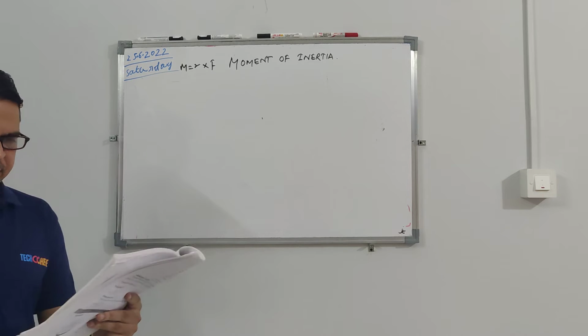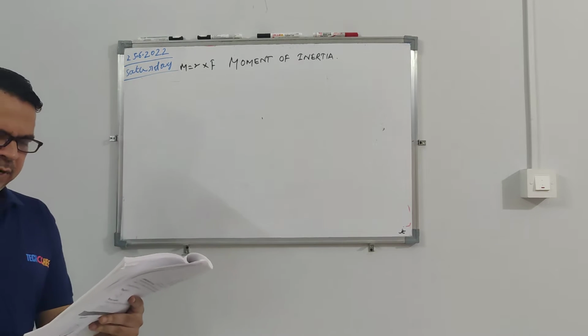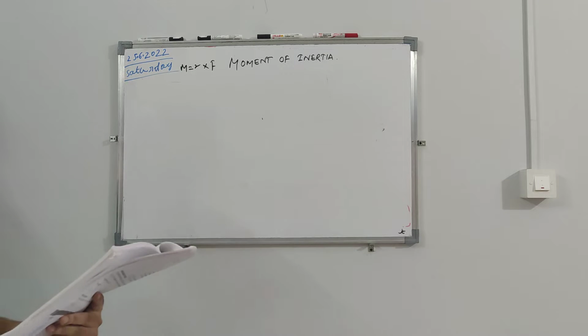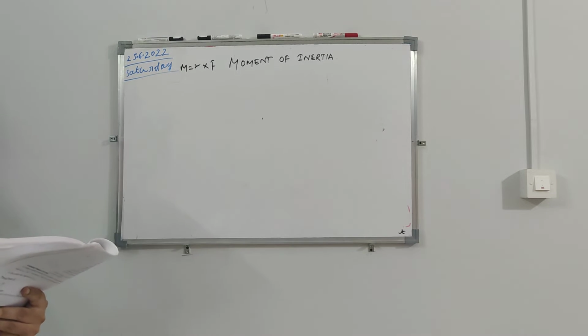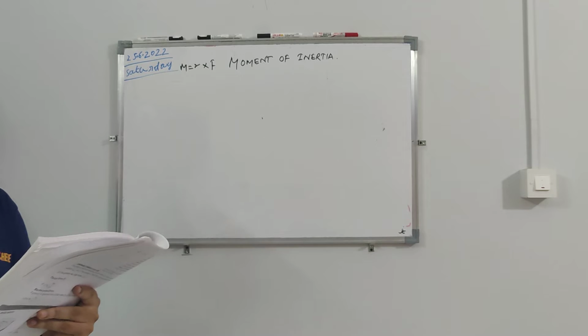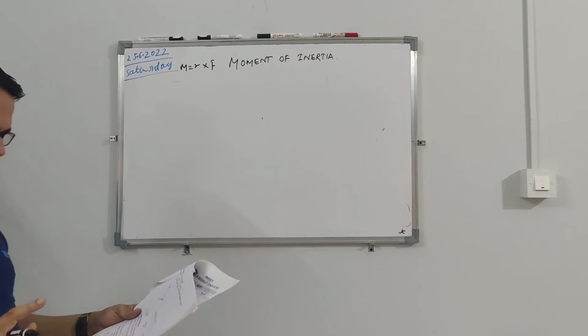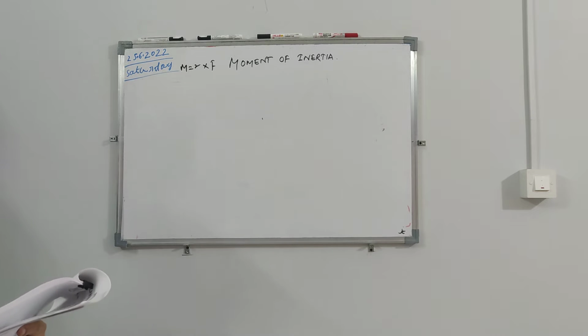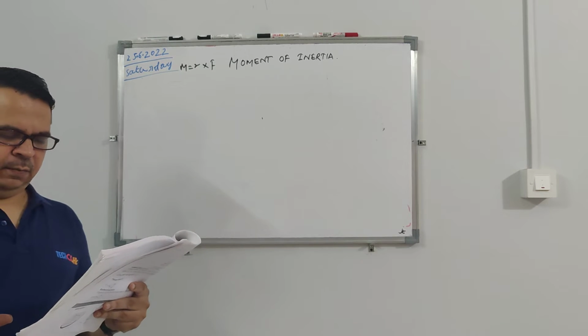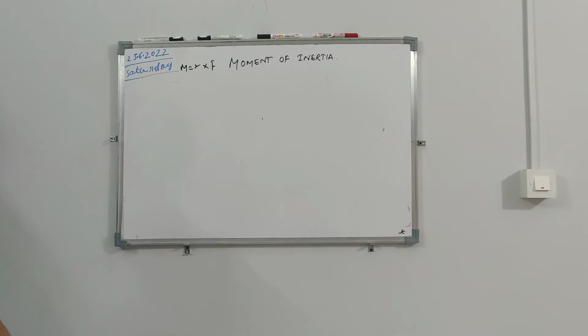So the moment of inertia definition is like this. Moment of inertia is defined as the capability of a system to oppose the change produced in rotational motion of the body. Mass will oppose the change produced in translational motion.